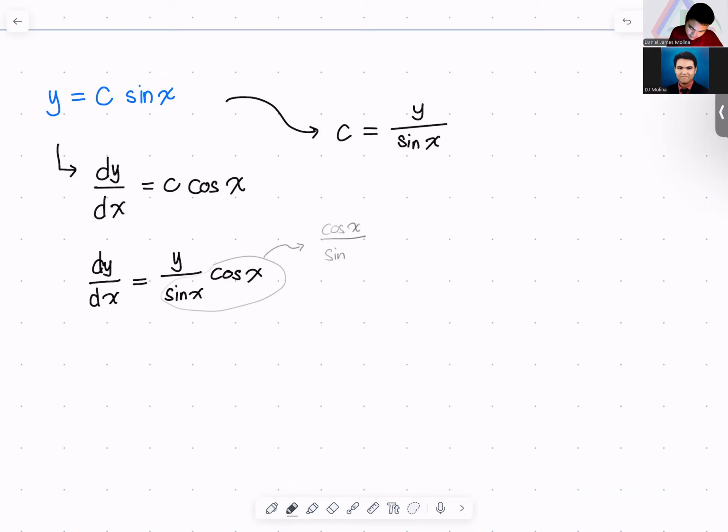Cosine x over sine x is actually a trigonometric identity. Just look into the quotient identities. So cosine x over sine x is cotangent x. Therefore, the differential equation is dy over dx equal to y cotangent x.